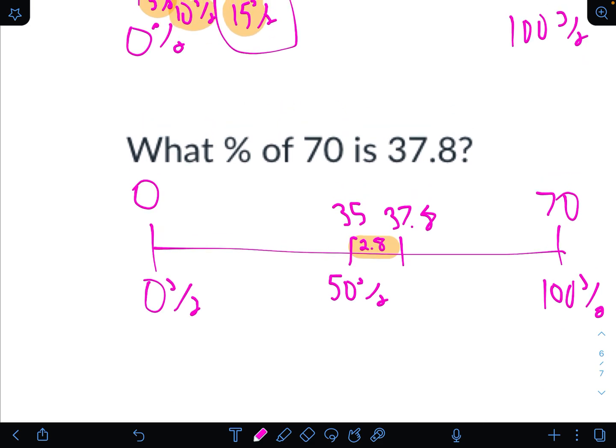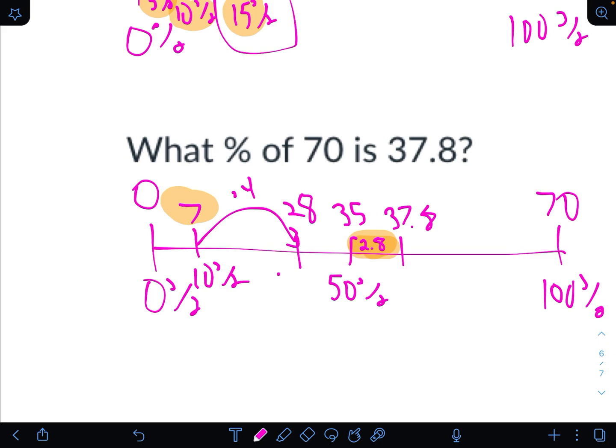Watch this. So if I want 10% of 70, that's 7. Can I make a 7 and do like a 28? Ignore the decimal point. Make that into a 28. Yeah? Because if you multiply it by 4, you get 28.